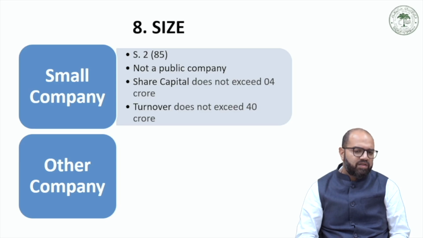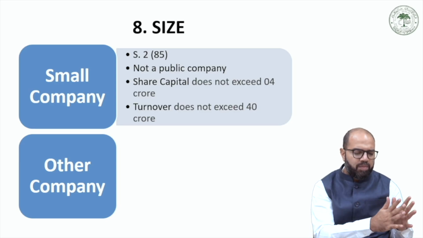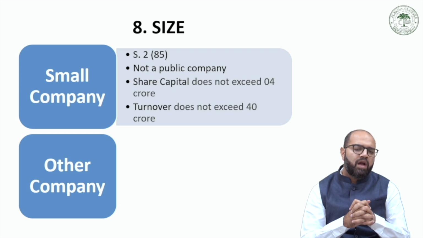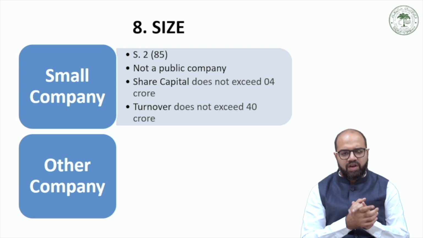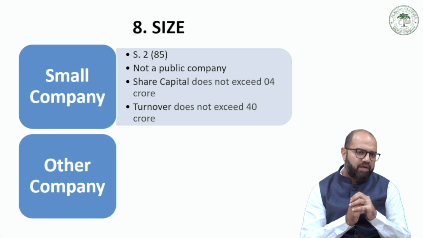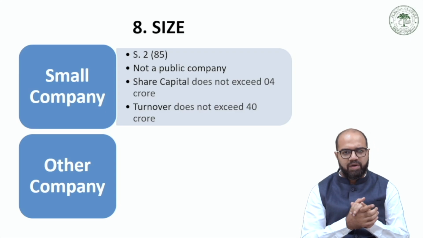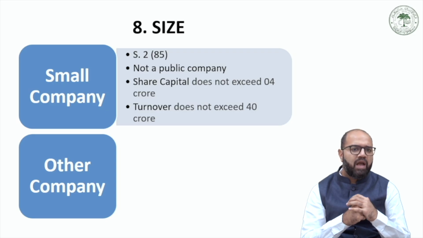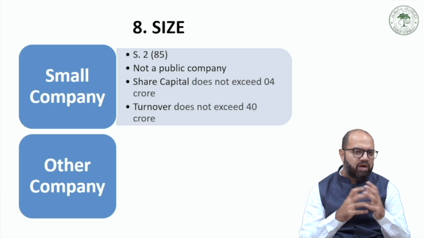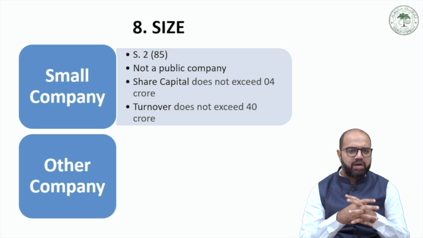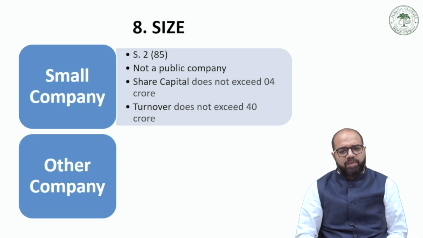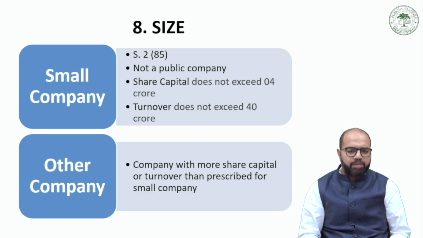If it has got a single shareholder, then the small company will be an OPC. And if it has got more than one shareholder, then it can be a private limited company. But the essential thing that distinguishes a small company from a private limited company can be the quantum of its share capital or turnover.